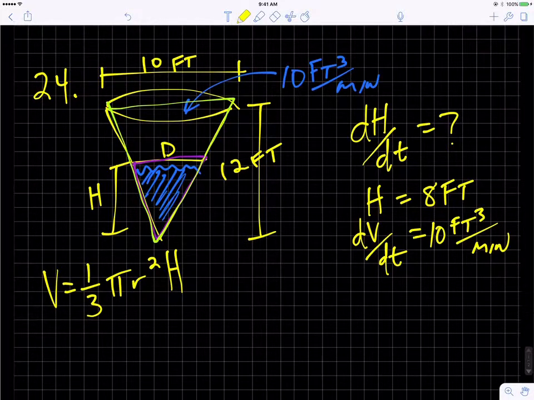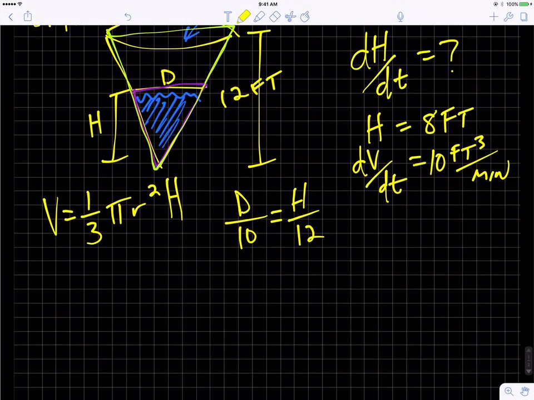So I know that the base of the little one, the capital D, is to the base of the big one, 10, as the height of the little one, h, is to the height of the larger one, 12. I also need radius, not diameter, because I have radius in here. So I'm going to replace my diameter with 2 radii.